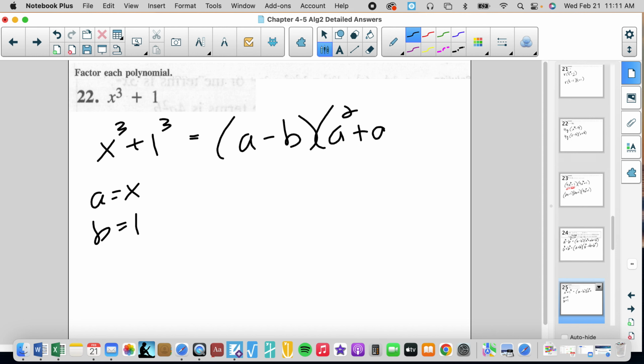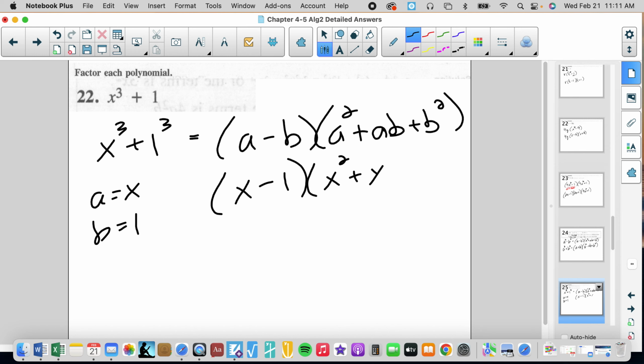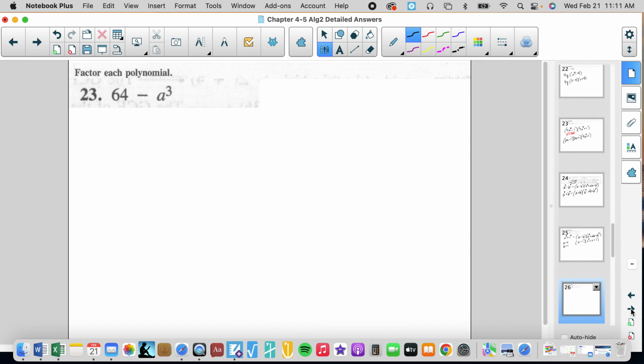Plus ab plus b squared. So now we're going to plug in those a values. So x minus 1, and then this is going to be x squared plus a times b, which is x, plus b squared, which is 1 squared, which is 1. So that's how we would factor that. We're going to use that template. It's very, very helpful.